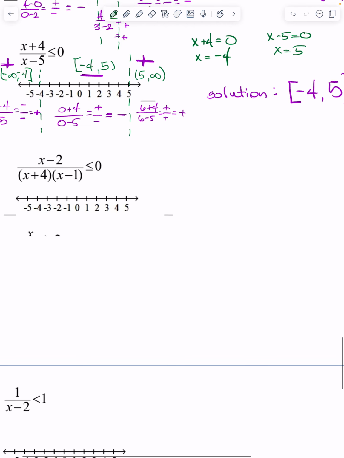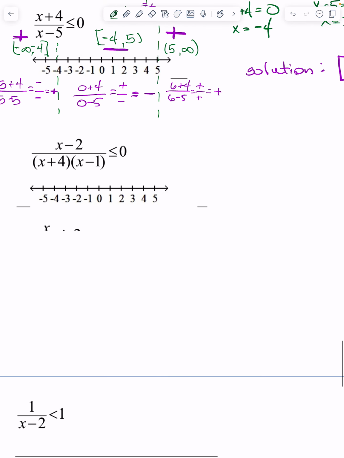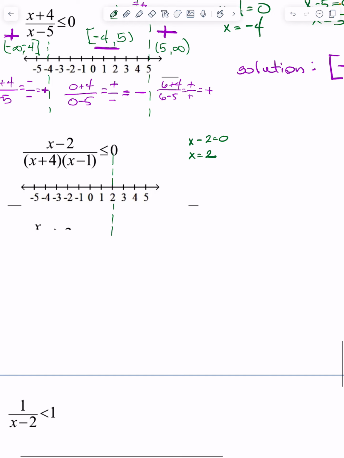Last one looks a little different. I got the equal part here. So at x minus 2 equals 0, x equals 2, that's a 0. In my denominator, that's an asymptote.